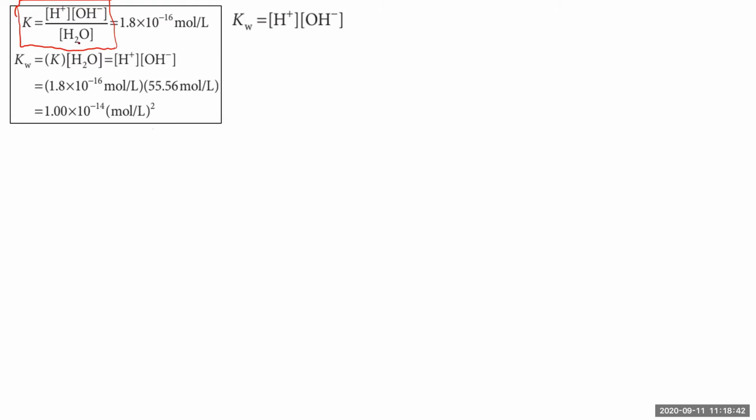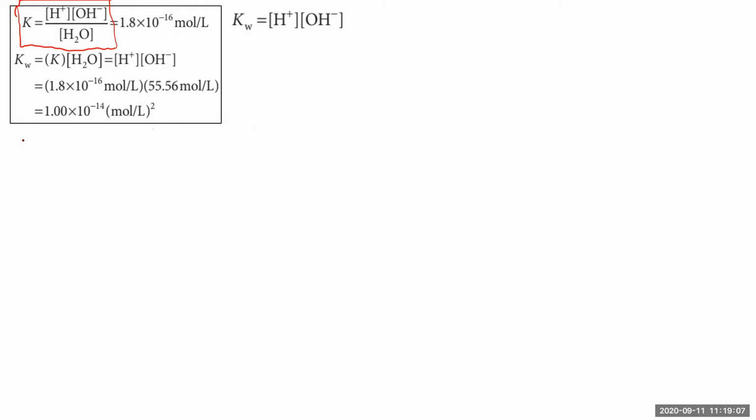And it has a value of 1.8 times 10 raised to the power of negative 16 moles per liter. How do we solve that one? Now, the concentration of hydrogen ions and the concentration of hydroxide ions are equal.